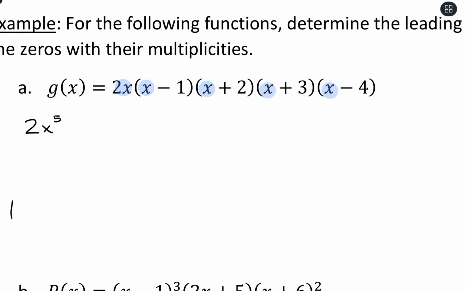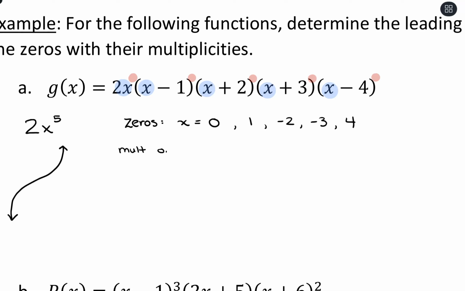That tells me my general shape is going to be like this, but then zeros are occurring at x equals 0, positive 1, negative 2, negative 3, positive 4. And then the multiplicity on all of those: I'm looking at the exponents, and all of those exponents are 1. So all of those have a multiplicity of 1. With that, we're just going straight through.